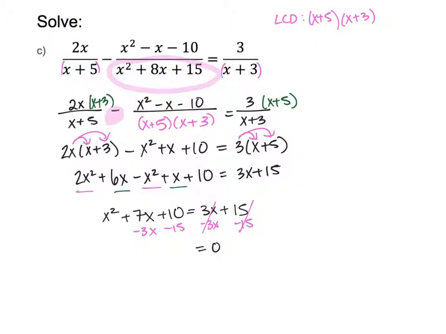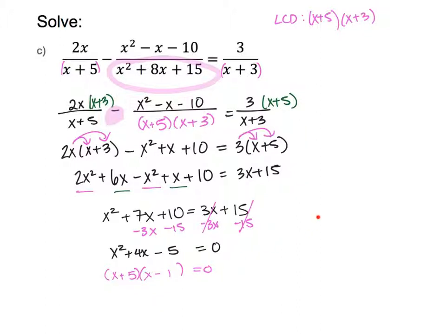Let's look at what we have here. We have x squared plus 4x minus 5. And so now all I have to do is try to factor this quadratic. So 2 numbers that multiply to give me -5 but add to give me 4. Well, that can be positive 5 and -1. And so when I look at this here and I factored, all I got to do is set the factors equal to 0.